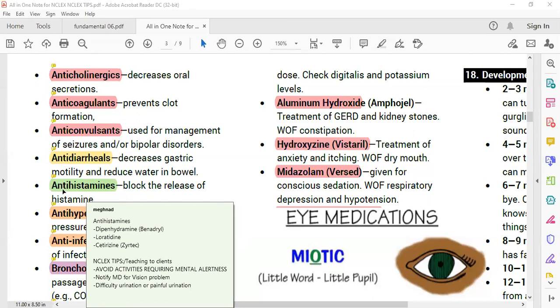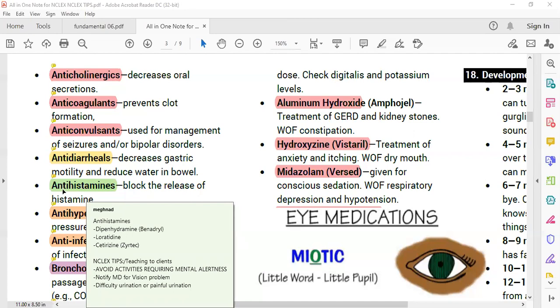The common side effects of antihistamine: they can cause dry mouth, dry nose, dry throat, or they can cause drowsiness, dizziness, fatigue, sedation or sleepiness. They also can cause nausea and vomiting.